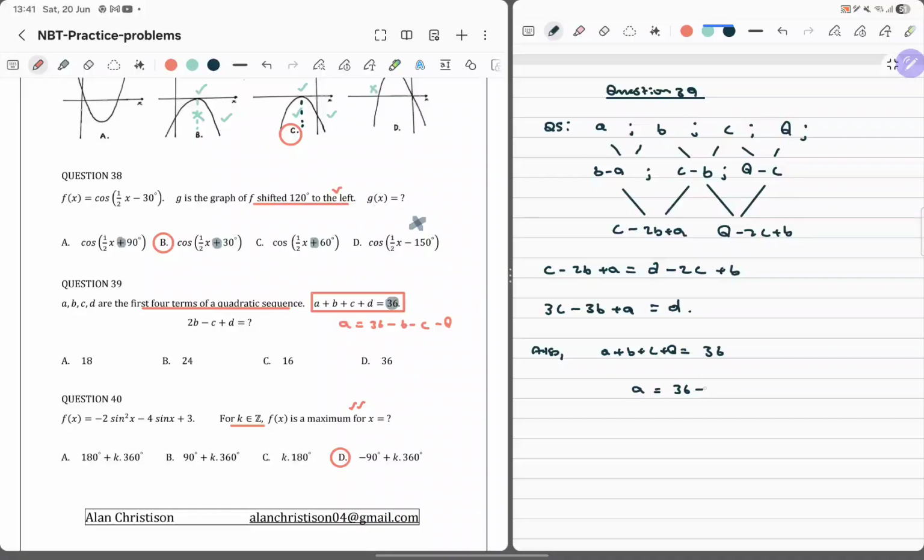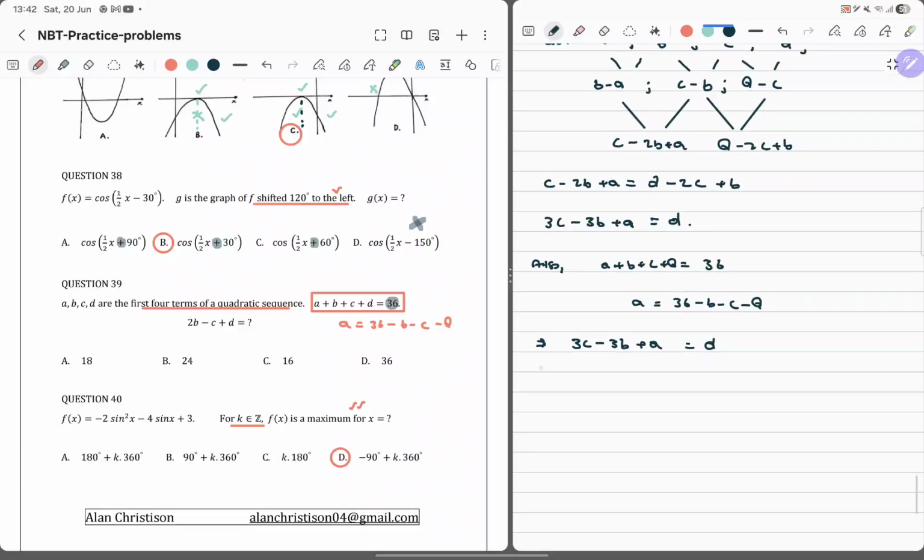Therefore, a is going to be 36 minus b minus c minus d. So this implies that 3c minus 3b plus a equal to d is going to be 3c minus 3b. Instead of a, we're going to say plus 36 minus b minus c minus d is equal to 0.